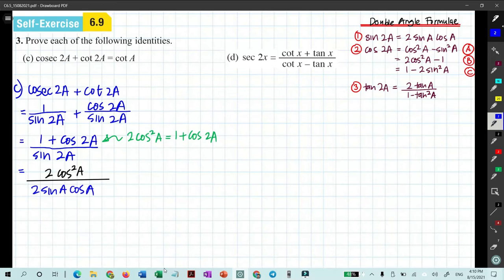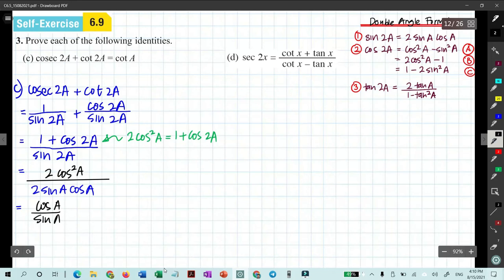So we can cancel the cos on both numerator and denominator, and same goes with the 2. And finally we'll get cos a over sine a, and cos over sine is actually cotangent.